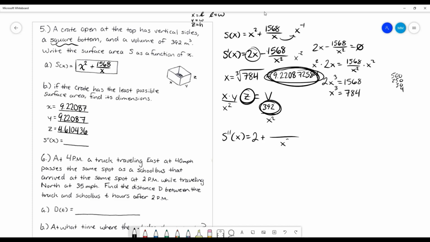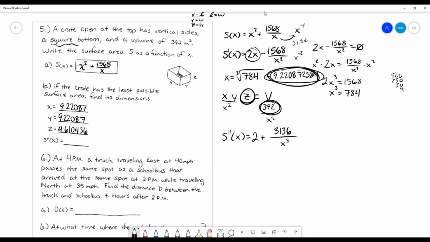I know I'm adding x cubed on the bottom. 2 times this is going to be 3,136. I need to double check that. I'm not super great at doing mental math. Okay, good, that's right. Okay, so that's our second derivative.